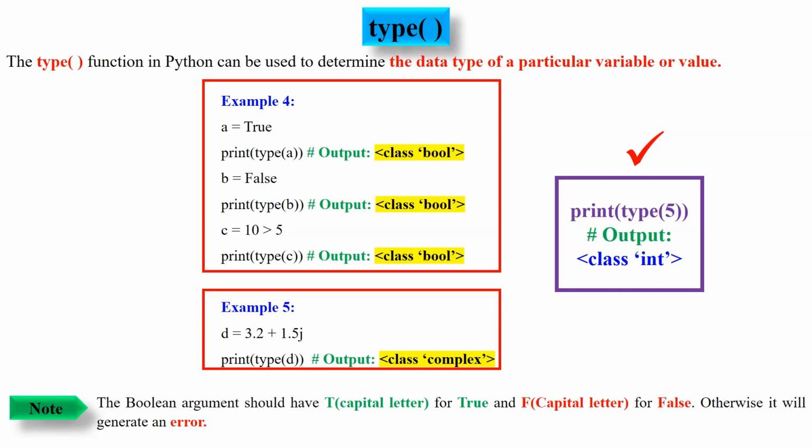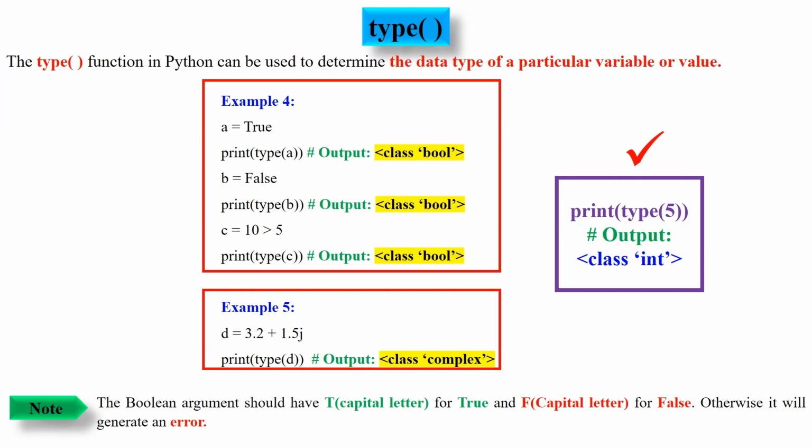The output of the first print statement is class bool. This output indicates that the type of the object stored in the variable a is a Boolean. In Python, Boolean is a built-in data type used to represent logical values. Next statement is b equals false. This line assigns the Boolean value false to the variable b.